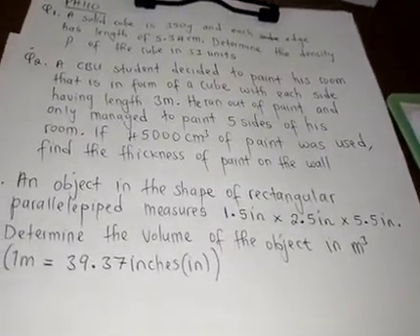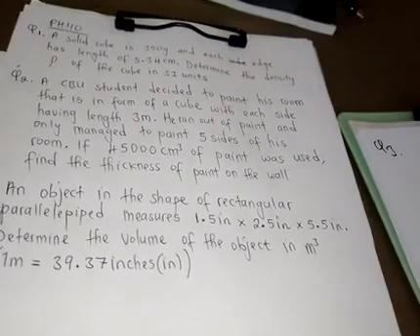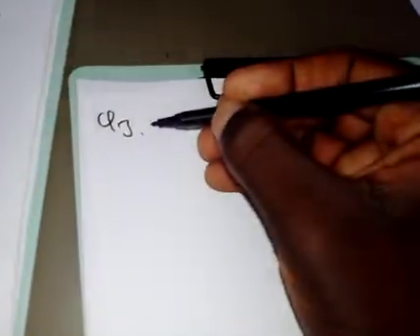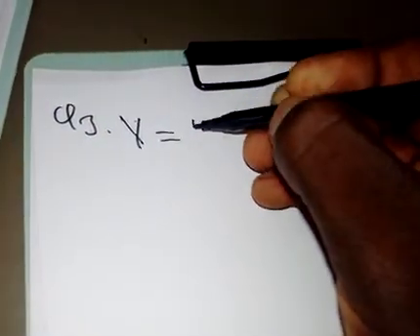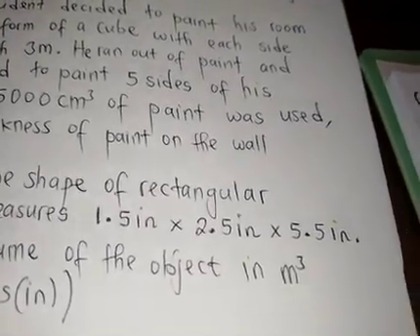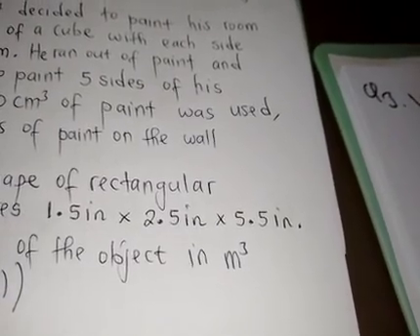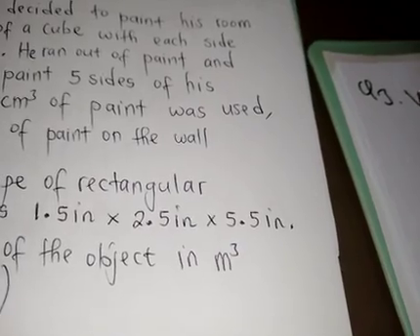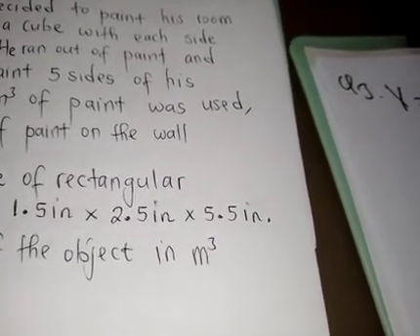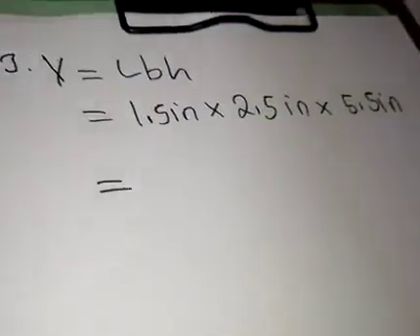Okay, this rectangular parallelepiped, actually we can say it's in the form of a cuboid. And for a cuboid, to find its volume V, it should be equal to what? It's L times B times H. And we have already been given L, B, and H. So V will simply be 1.5 inches multiplied by 2.5 inches multiplied by 5.5 inches.